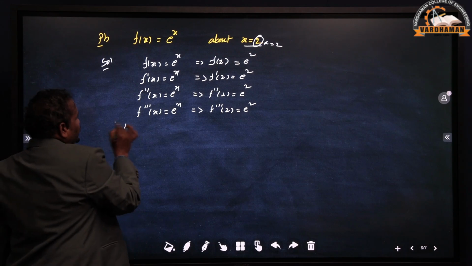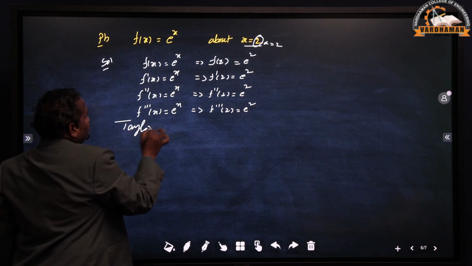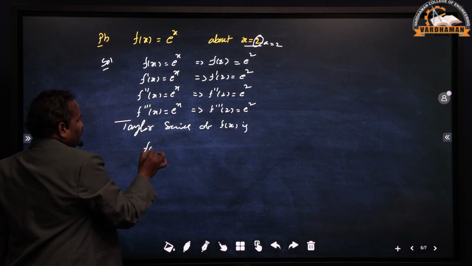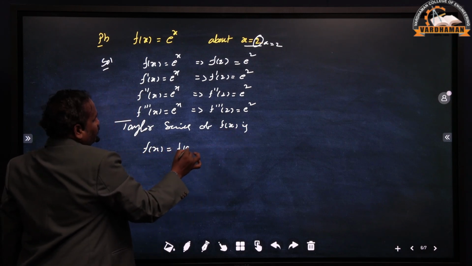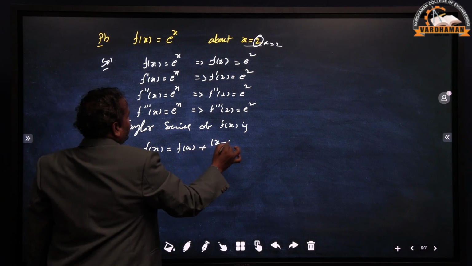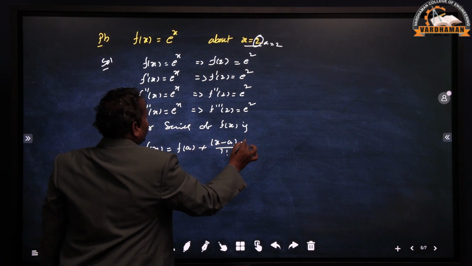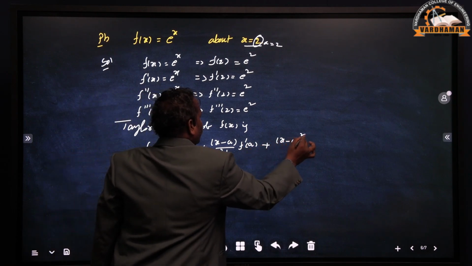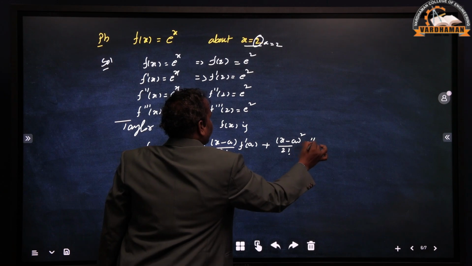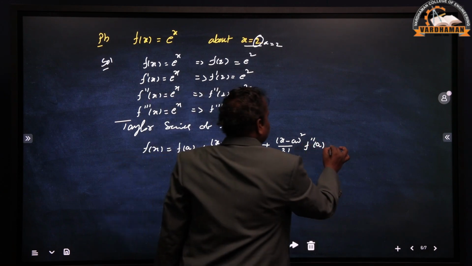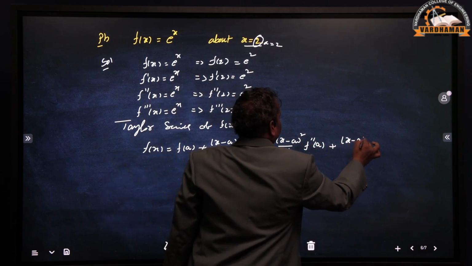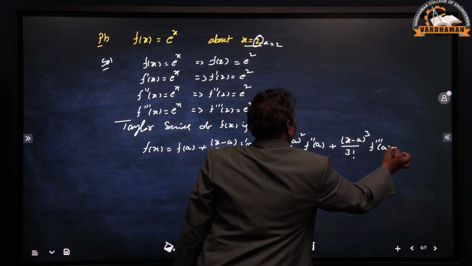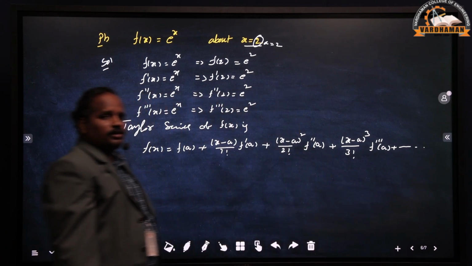What is the Taylor series formula? Taylor series of f of x is equal to f of a plus (x minus a) by 1 factorial into f dash of a plus (x minus a) whole square by 2 factorial into f double dash of a plus (x minus a) whole cube by 3 factorial into f triple dash of a plus and so on.